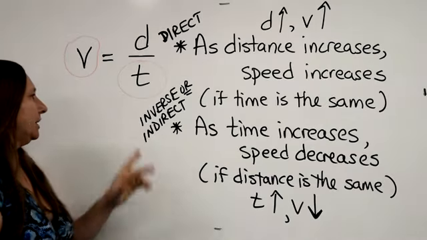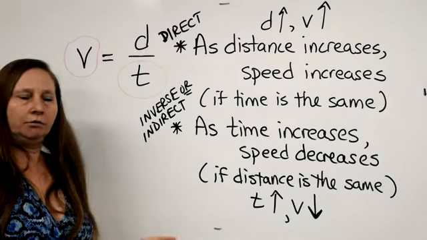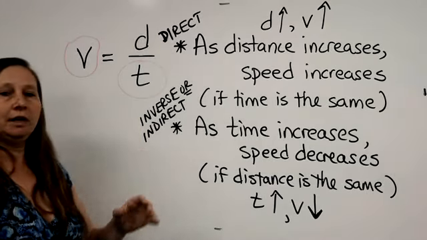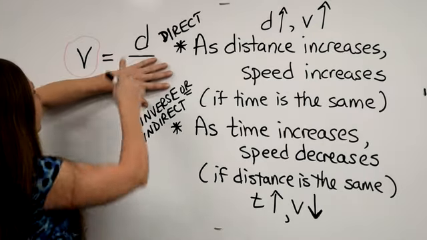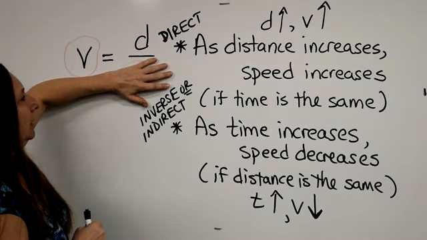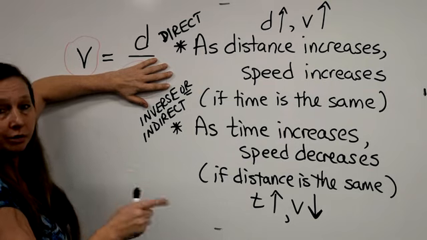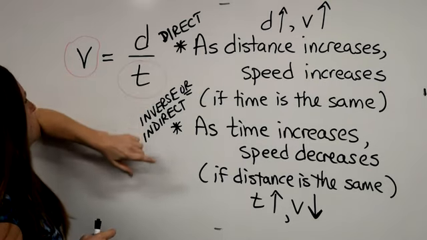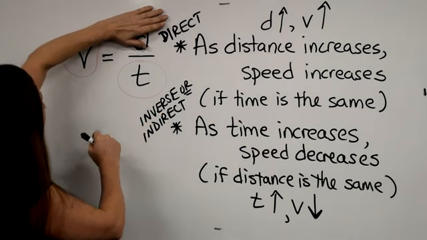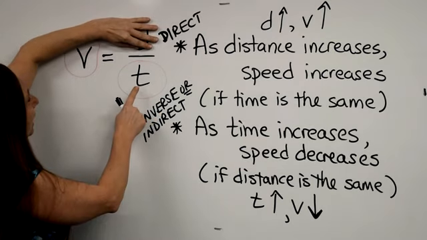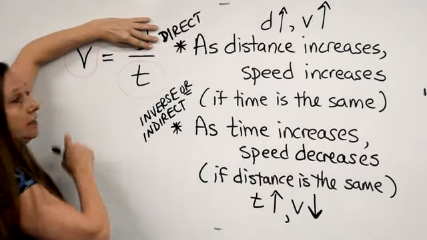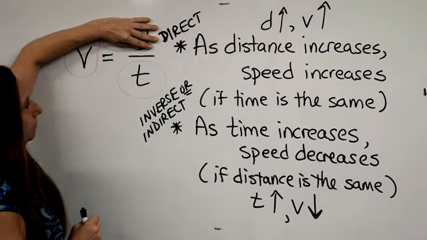In a direct relationship, like for example between distance and speed, as one variable increases, the other variable increases also. In your classic inverse or indirect relationship, as one variable increases, the other one decreases.